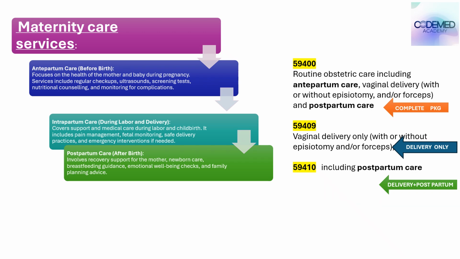So pay attention to the language of the code, that along with the delivery, what care is included. And the same goes even for the C-section. So just go through the codes in your book and you will see that exact same language has been used for the C-section, except instead of vaginal, they have used C-section.